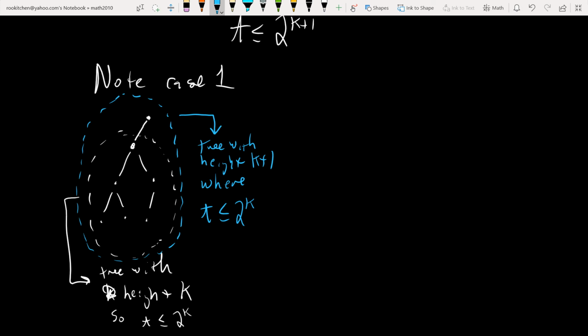So there's only one more terminal vertex, the one that we excluded from the white dashed circle, right? So we know the number of terminal vertices in the white part of the tree without the root is less than 2 to the k, and the tree with the root, there's only one extra terminal vertex, and that's the actual root. Okay, so in case 1, the root is terminal.